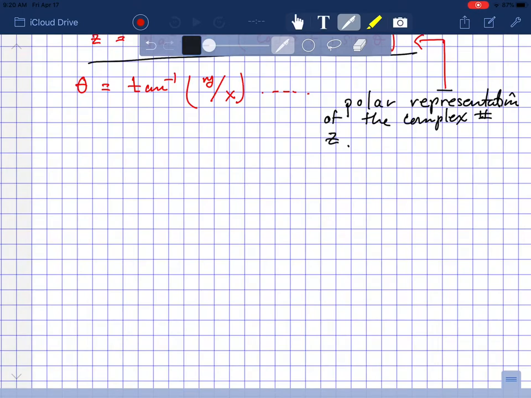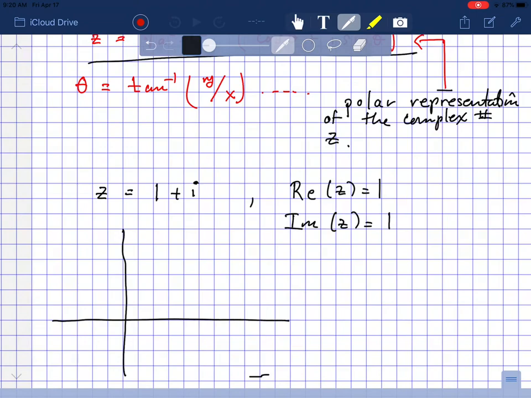a polar representation of, say, a complex number z equal to, let's make it 1 plus I. Okay. So now what do I have? I have that the real part of z is equal to 1, and the imaginary part of z is equal to, well, it's the coefficient on I, and that happens to be 1. So now let's locate the point z in our complex plane.